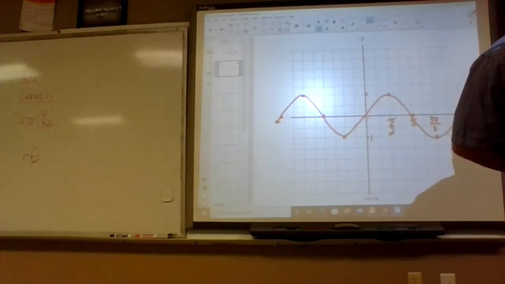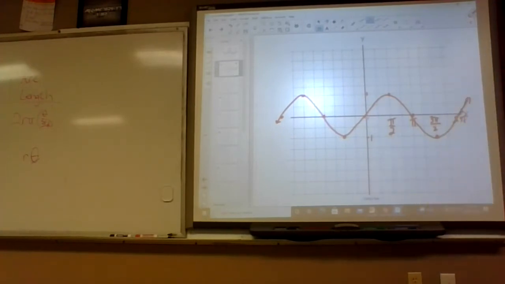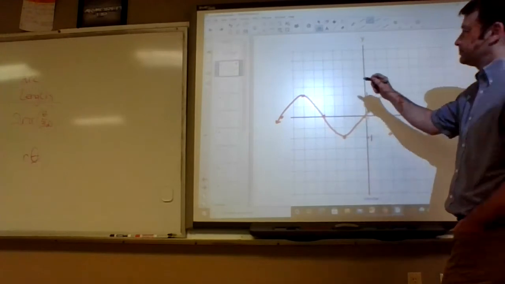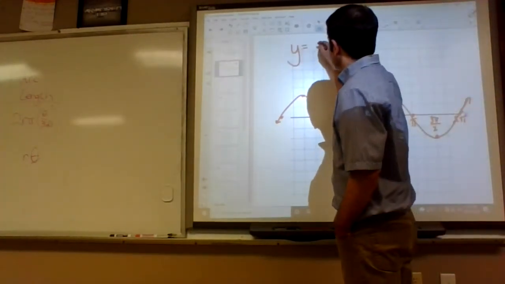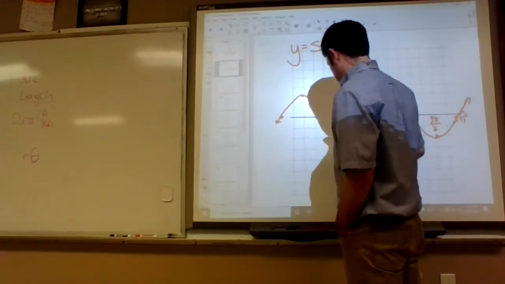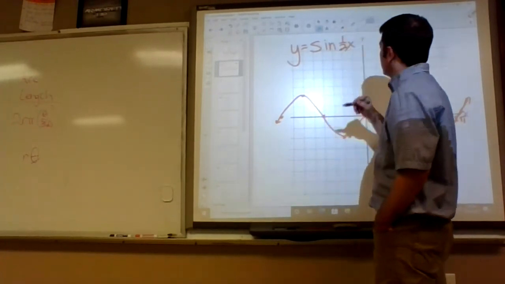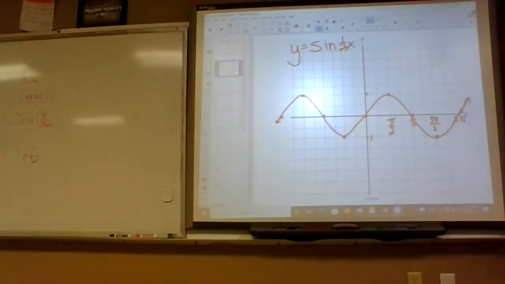Okay, this one's actually different. Do you guys see where the 1/2 is written on y equals sine of 1/2 x? On number 1, the 3 and the 1/3 were written in front of cosine, right?